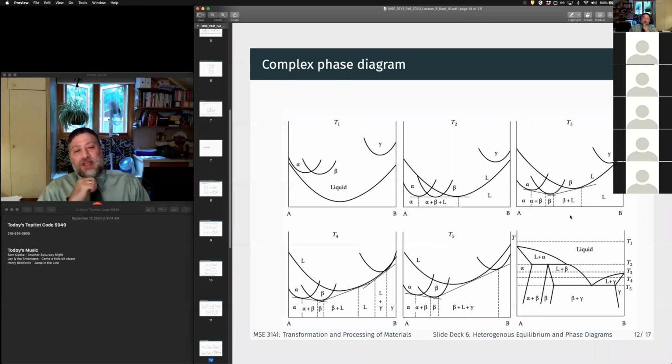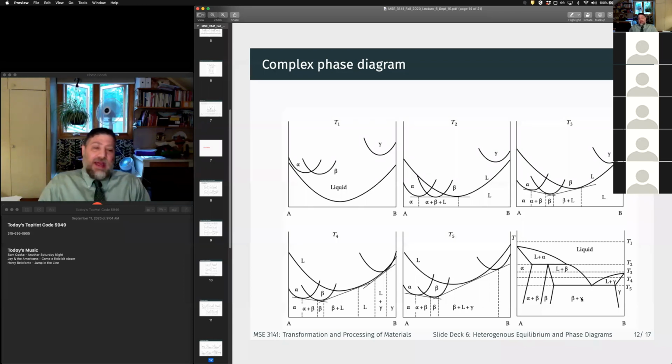The more complex the phase diagram, it's all the same process. You just plot the partial molar Gibbs free energy curves for each of the different phases and connect them all up with your tangents. And that tells you where all the tie lines need to be, right?